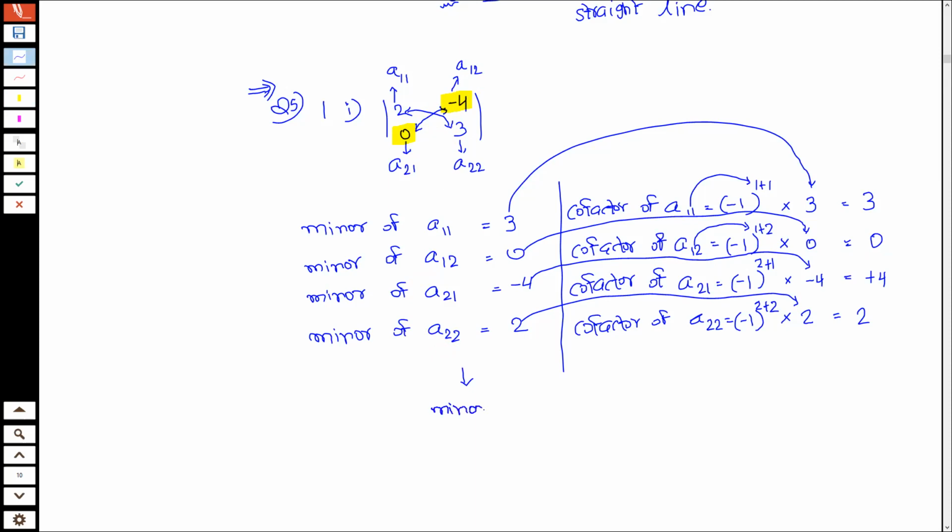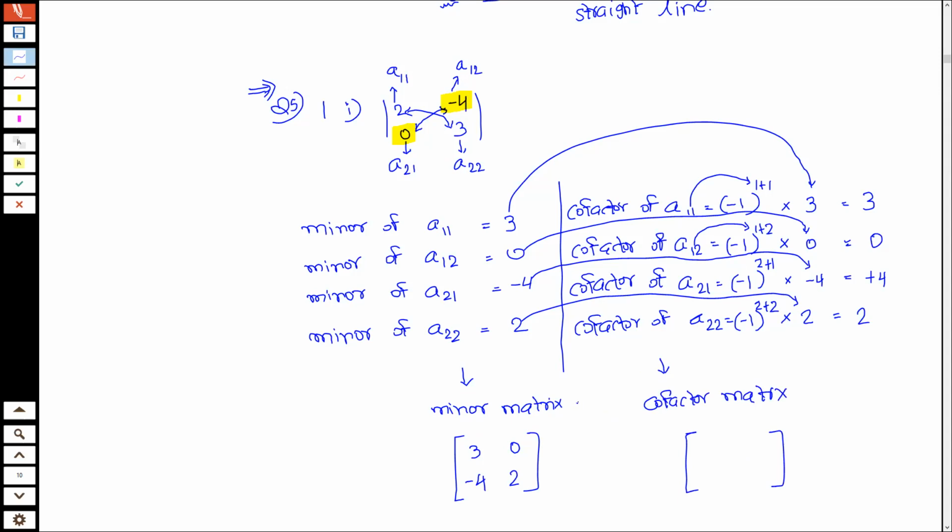माइनर मैट्रिक्स directly, if I want to write, then 2 की जगह पर 3, 3 की जगह पर 2, -4 की जगह पर 0, and in place of 0 I will write -4. So are you clear about minor matrix? Yes, sir. And cofactor matrix. What I will do in cofactor?